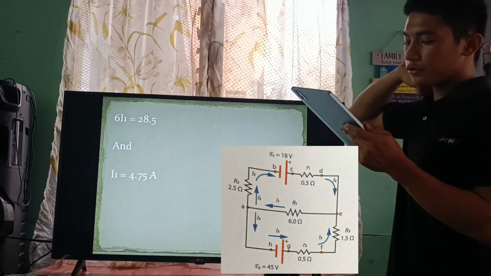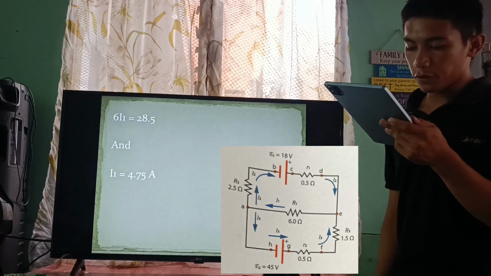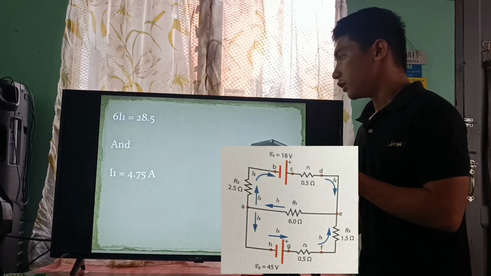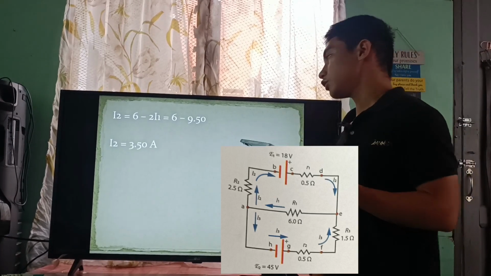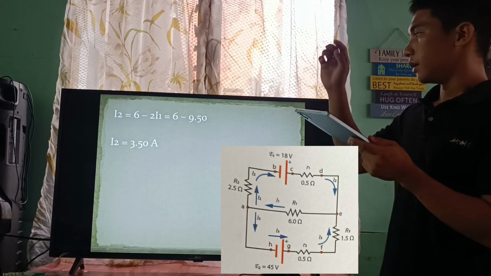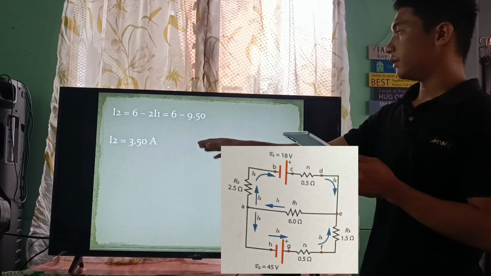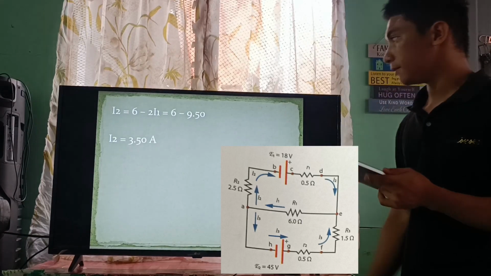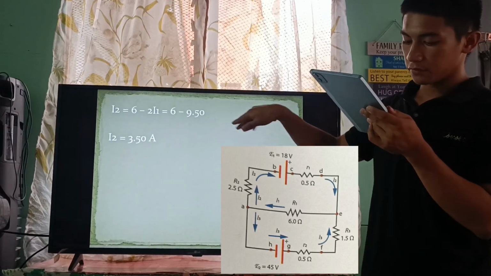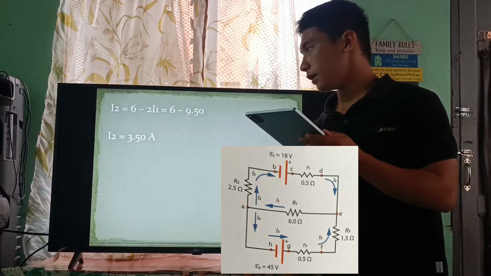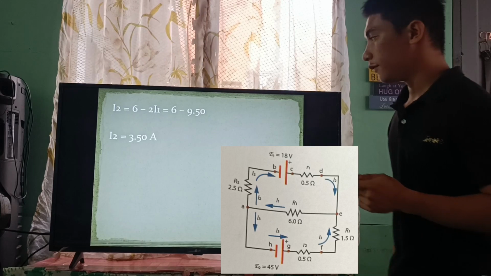Now again, we are going to substitute this value for I1 back into the fourth equation. So I2 equals 6 minus 2 I1 equals 6 minus 9.50, and after we solve that, I2 equals negative 3.50.